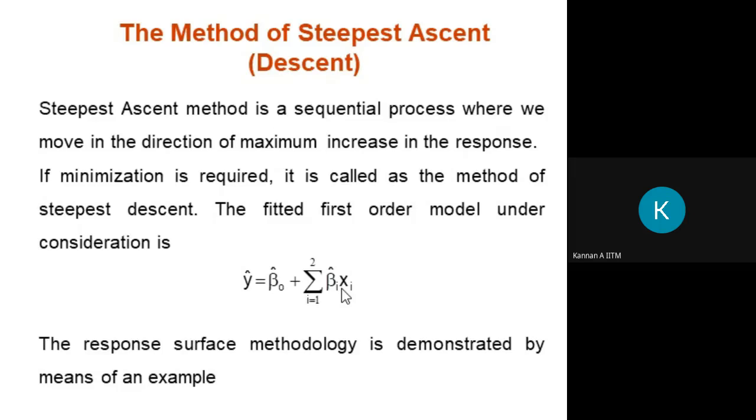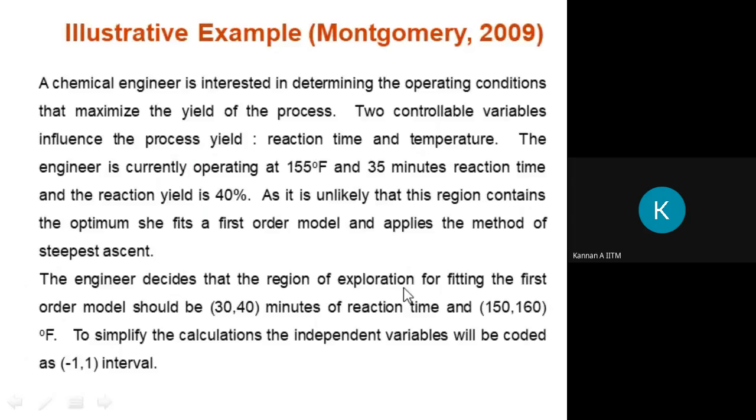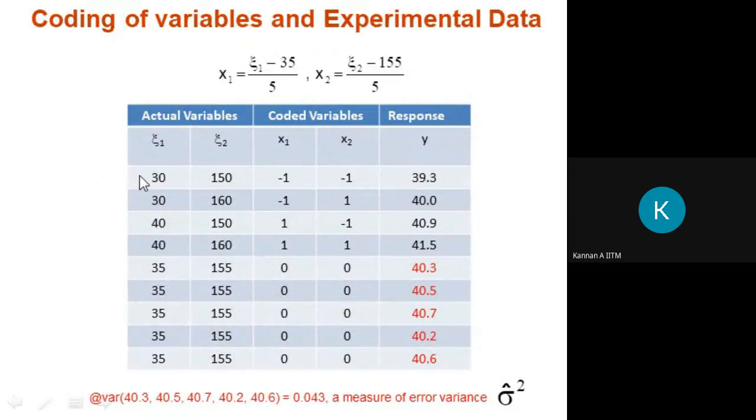Okay, very simple answer is, let us take the example, x1 is time, x2 is temperature. You can see that there is about an order of magnitude difference between x1 and x2, or maybe about 4 to 5 times a difference.